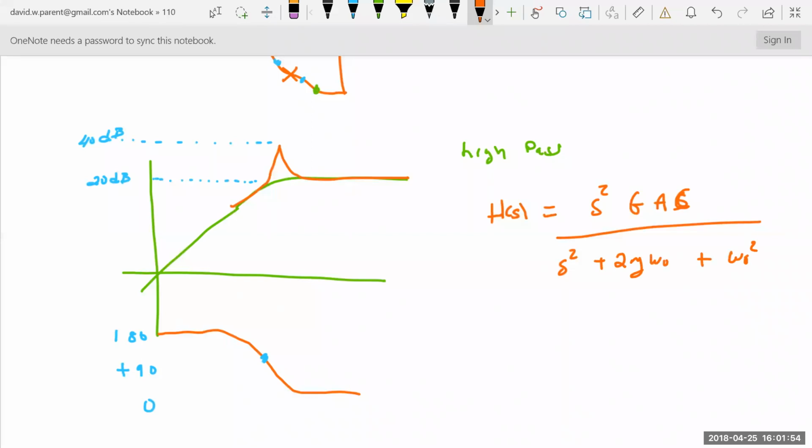Well, how do you get it? You know, let S go to infinity, find gain AC. So gain AC equals 10, just like that.